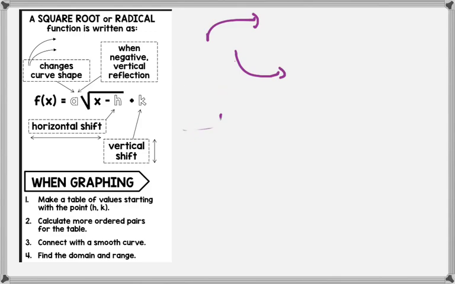And so let's talk about the transformations. The vertex that we're talking about transforming is always the starting point of that curve. That would be like the highest point on the parabola, but on a square root function, it's going to be where the curve starts. And so A is going to do the same thing it did last time.